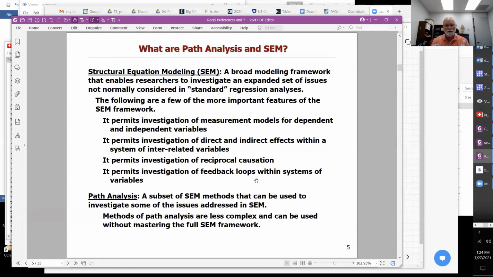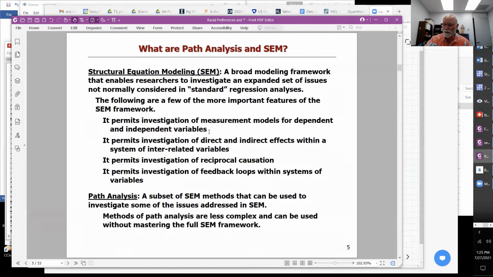So one is that it allows you to formulate and estimate and evaluate measurement models. Measurement models for dependent variables, measurement models for independent variables. These are typically taken for granted in regular regression analysis, and that is typically a mistake.